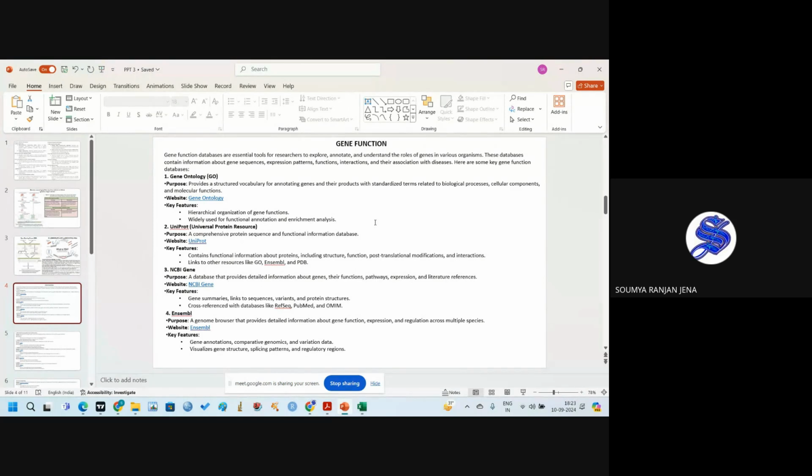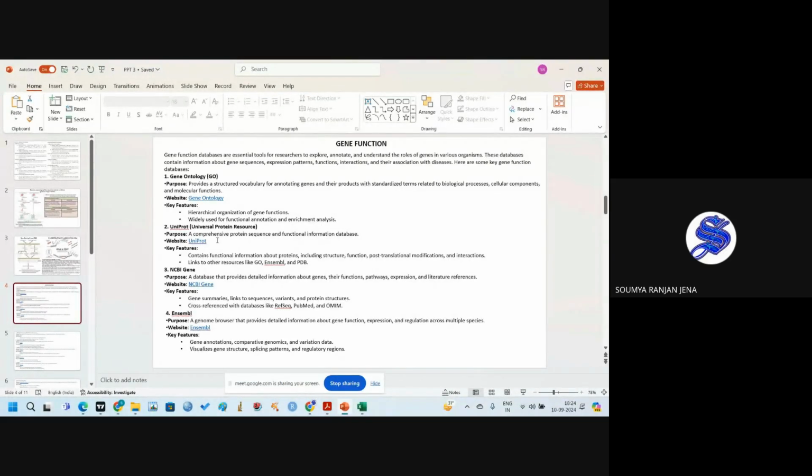If you input one gene there, it will give the details of the gene: its expression pattern, gene sequence, interaction, and the different types of disease it leads to. The key feature of gene ontology is the hierarchical organization of genes and function, and it is widely used for functional annotation and enrichment analysis.